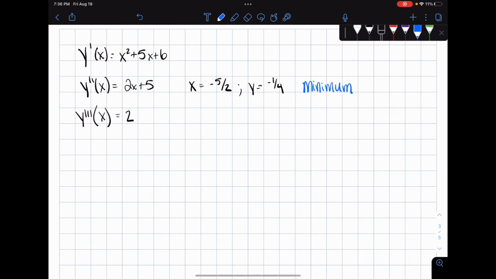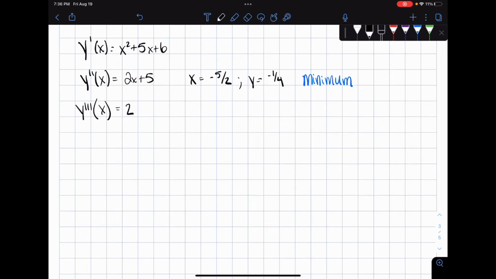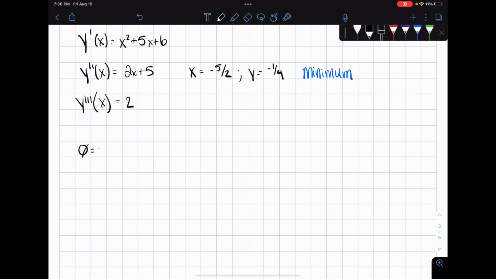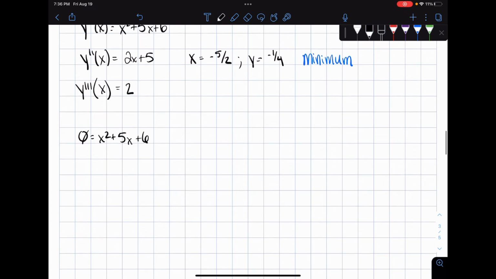But we still can't quite build a good graph because we don't have any other points to put on it. So for a problem like this, the best thing to do is to find where we cross the axes if we do. So if we're looking for where we cross, say, the x-axis, we're just going to put in y equals 0 and solve there into our original equation. So if we do 0 equals x squared plus 5x plus 6, this is the same equation that we found before.